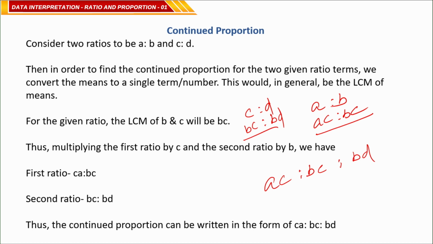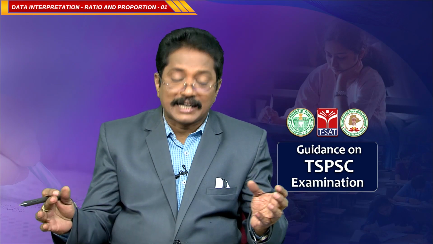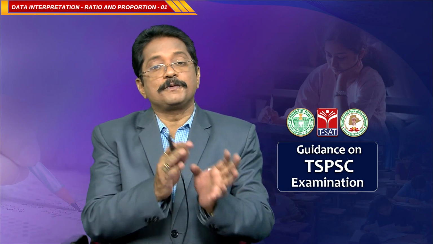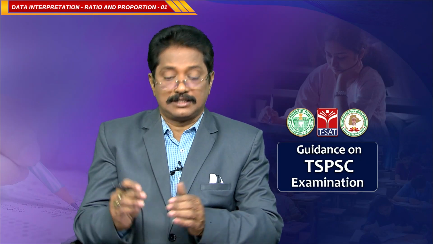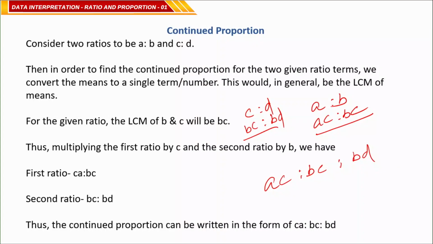So, A is to B is one ratio, C is to D is another ratio. By considering these two ratios, we will make a continued ratio, that is multiply A is to B with C, then it becomes AC is to BC, multiply C is to D with B, then it becomes BC is to BD, then it becomes AC is to BC is to BD.